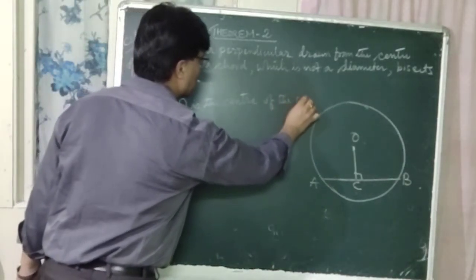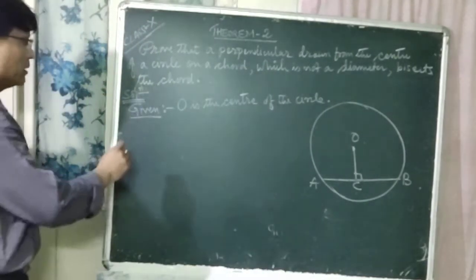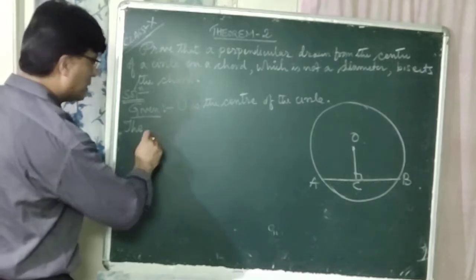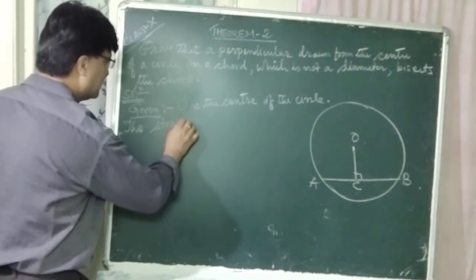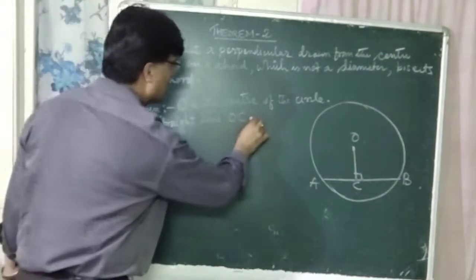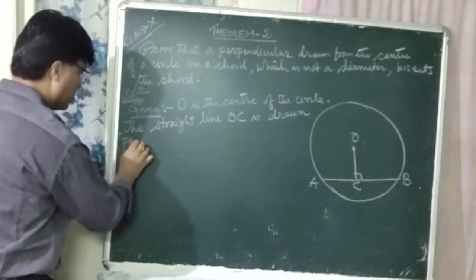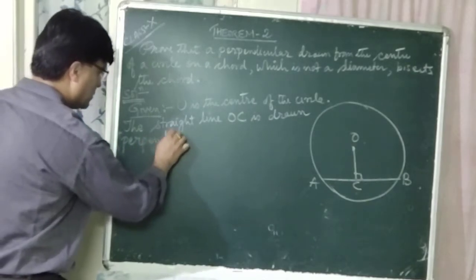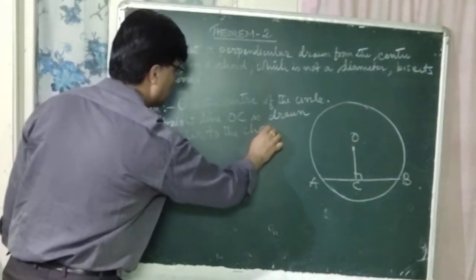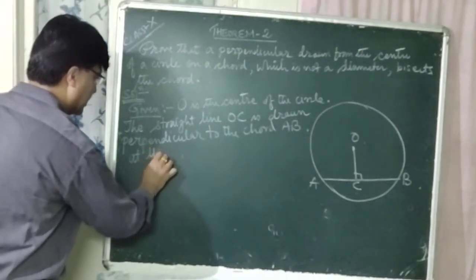The straight line OC is drawn perpendicular to the chord AB at the point C.